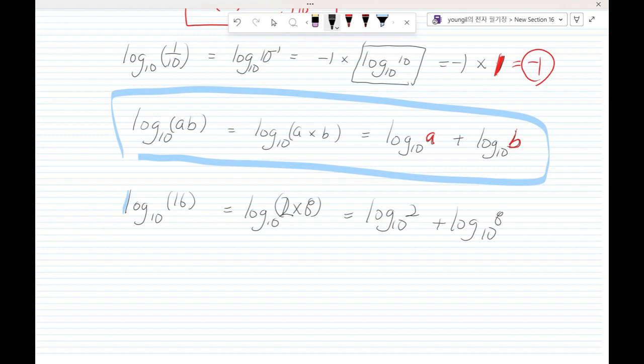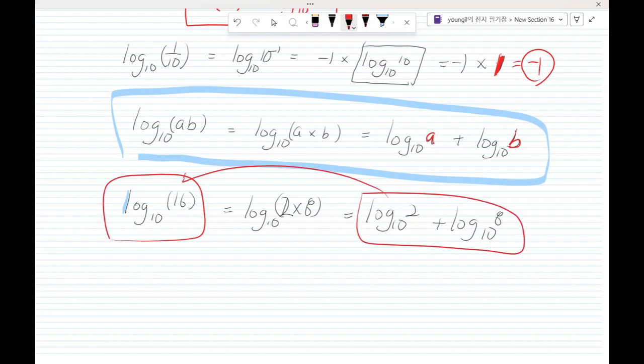If you have a calculator, you can try that log base 10 of 16 is equal to log base 10 of 2 plus log base 10 of 8. Should be the same.